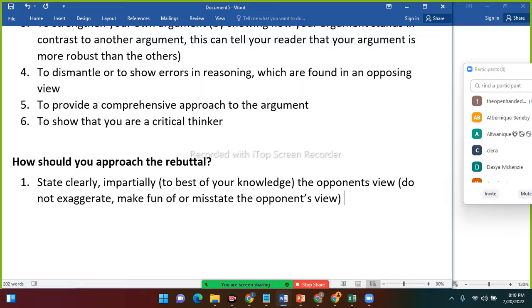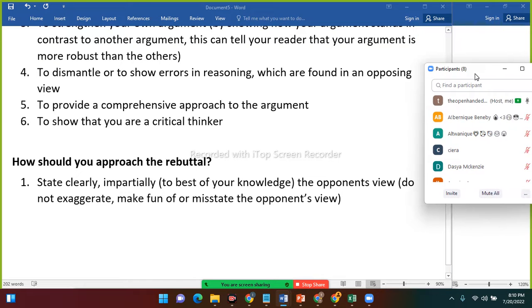The opponent said that cell phones are a distraction because of the websites that you could go on. So you don't want to misstate or exaggerate or underestimate, but you don't want to skew, that's the word. You don't want to skew what your opponents say. You want to say what they say exactly and clearly, right?